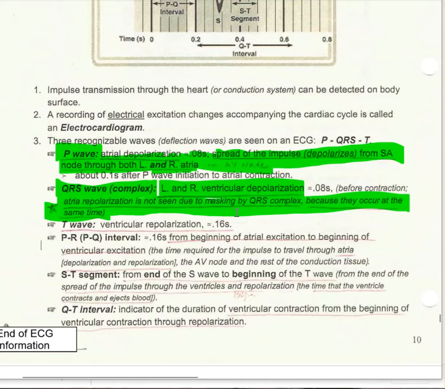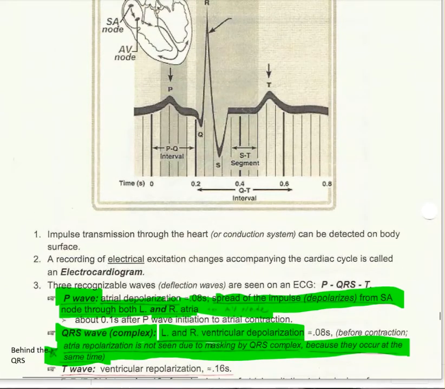This thing that says masking means that the repolarization is actually occurring behind the QRS. It's not part of the QRS. It is literally hidden behind it. We can't see it. That's the fourth wave. We have one wave for atrial depolarization. Atrial repolarization is hidden from view. The QRS is stronger and goes over top of it.